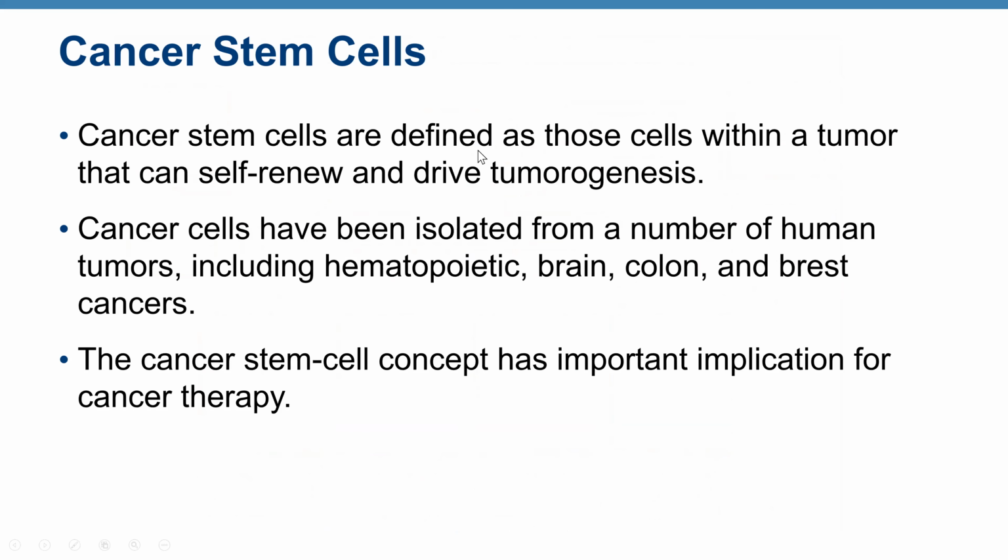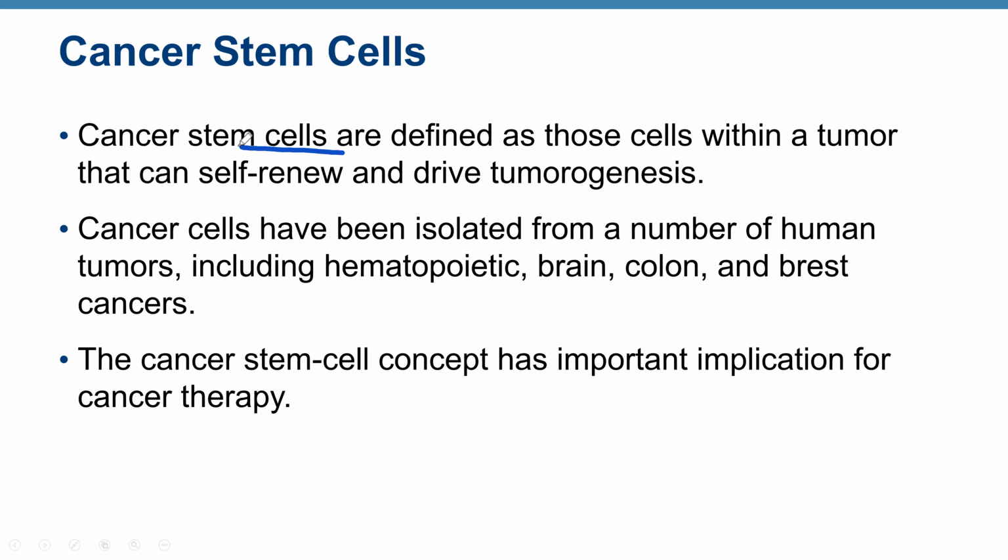And to finish up this chapter, let's talk about cancer stem cells. Cancer stem cells are defined as those cells within a tumor that can self-renew and drive tumorigenesis. So remember, a characteristic of all stem cells is that they can make more stem cells. It's called self-renew. And plus, stem cells divide and differentiate into other cells.